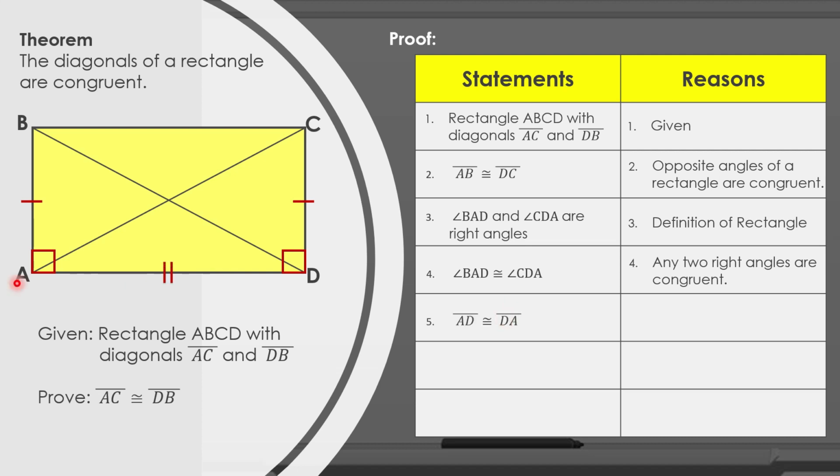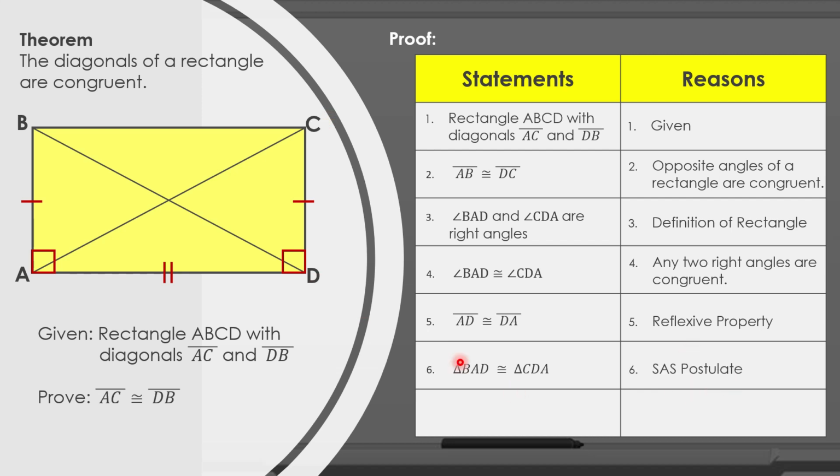Let's say that AD is congruent to DA by reflexive property. So if you notice, we have here now side-angle-side and side-angle-side. Therefore, we can say that triangle BAD is congruent to triangle CDA for the reason of the SAS postulate.